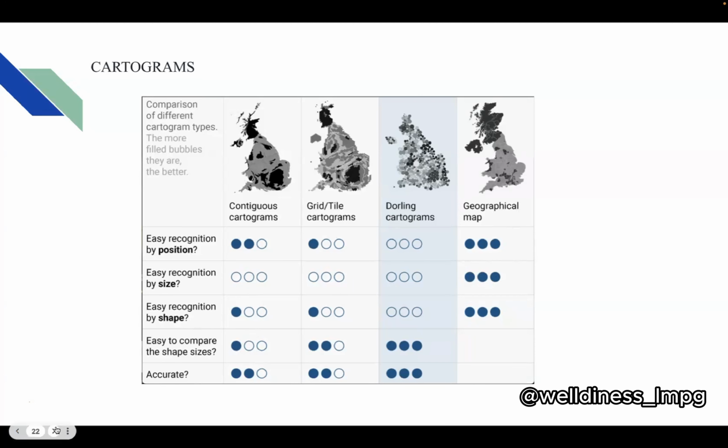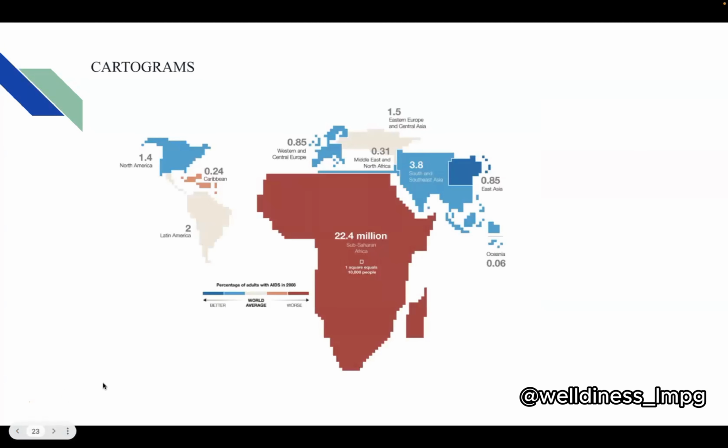If this one is looking too technical, let's look at another example. This cartogram has to do with the percentage of adults with AIDS in 2008.